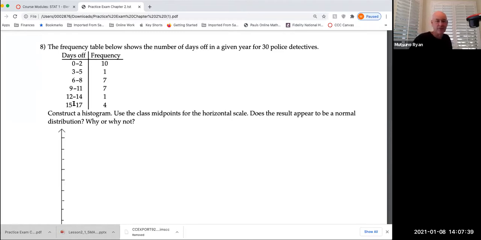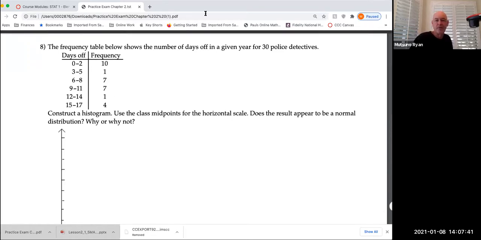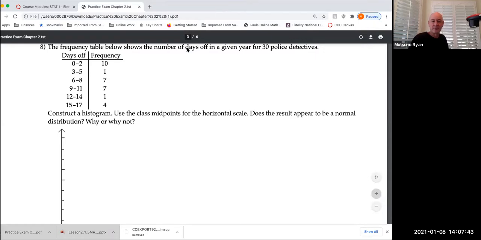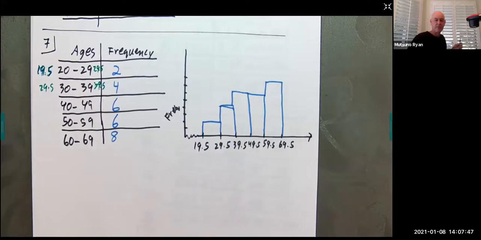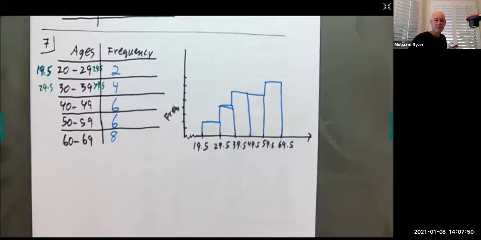All right, let's see if I can squeeze this in there. This is number 8. So we can squeeze this in here.